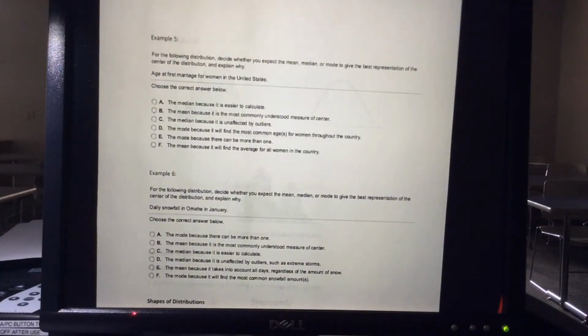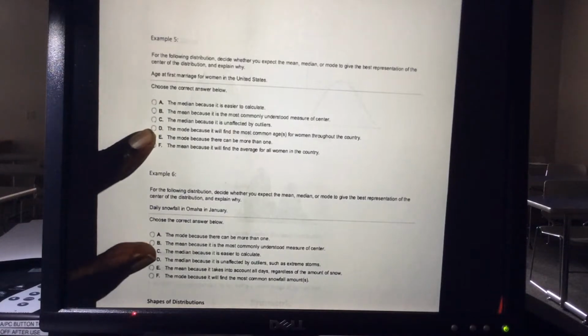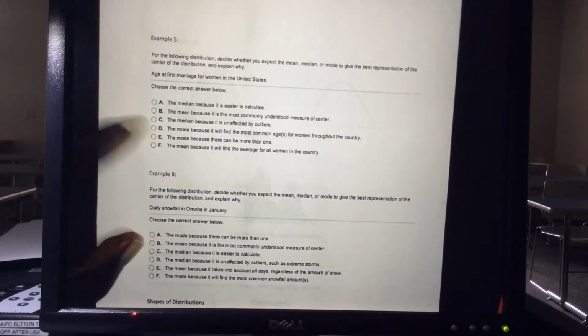This next example, age at first marriage for women in the United States. We want to decide whether we expect the mean or the median or the mode to give the best representation of the center of the distribution. Okay, now, some people do get married probably in their 60s or their 70s.